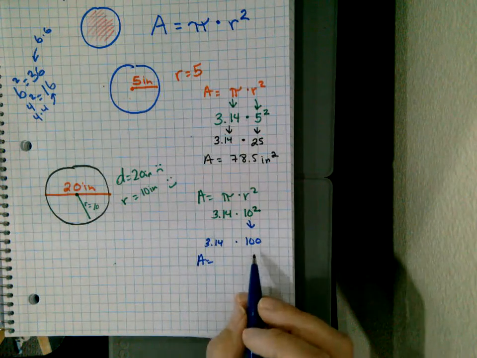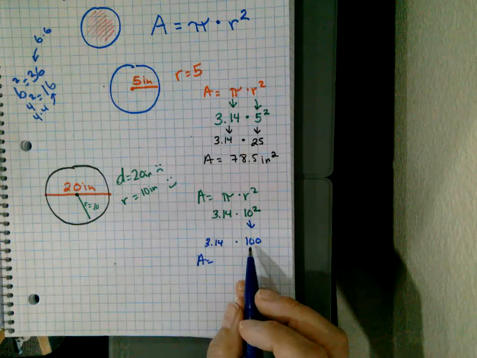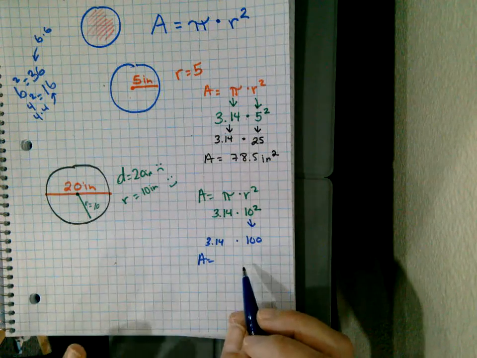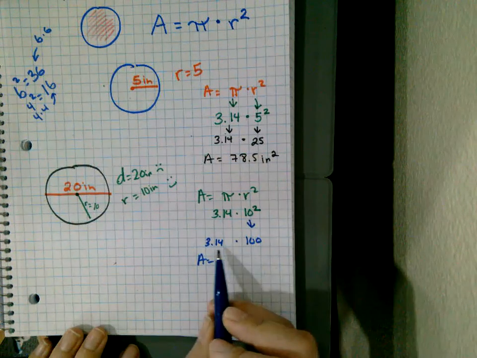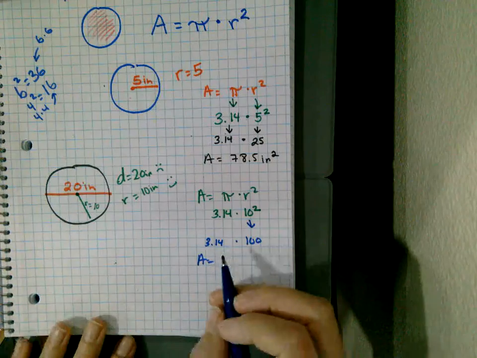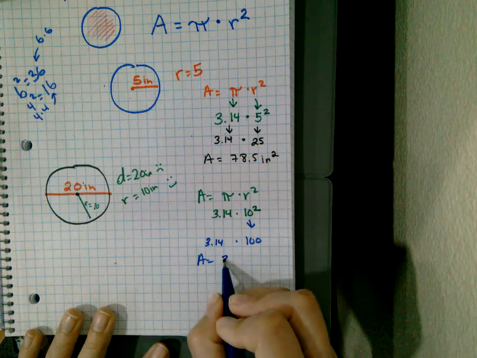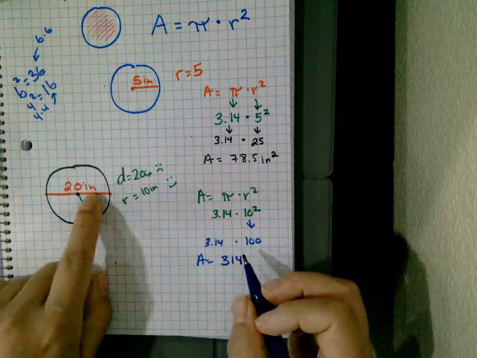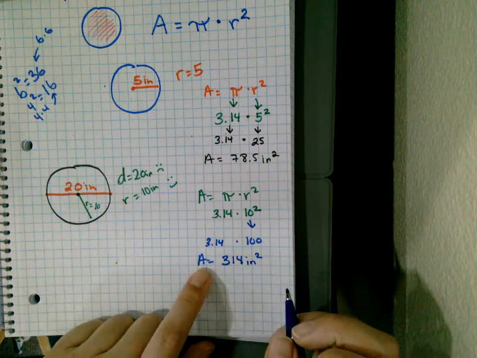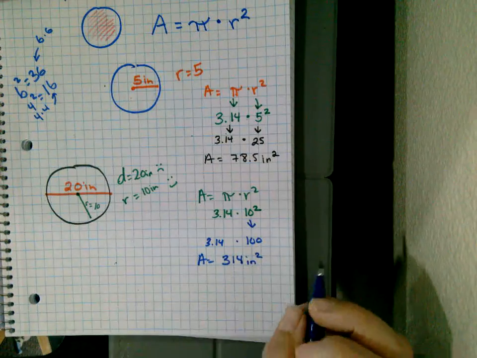Now some of you know the trick of multiplying by 100, so you really don't need a calculator. For those of you who need a calculator, plug it in. For those of you who know the trick, since you're multiplying by 100, you're adding 2 zeros, but since it's a decimal, you move the decimal 2 times. 314 inches squared. So my area is 314 inches squared.